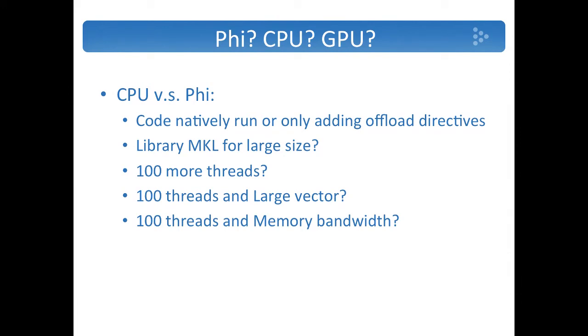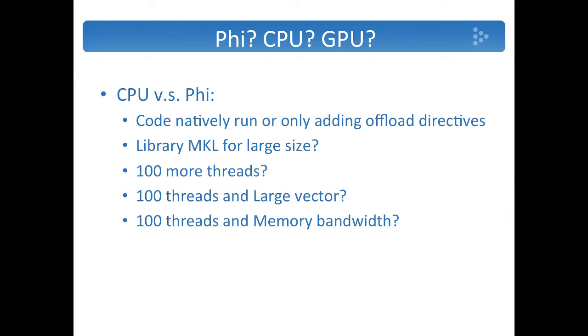But if your code is very suitable for large vector operations, and that means your code is vectorized, you can vectorize your code, or you can let the compiler vectorize your code. If you have vectorized the code and you also have more than 100 threads, I recommend you try Xeon Phi.